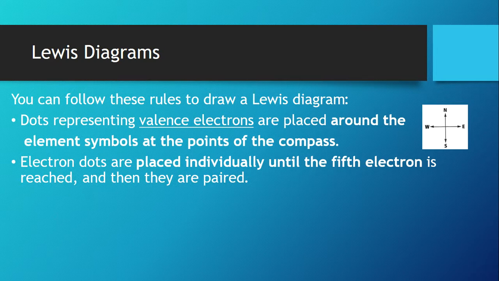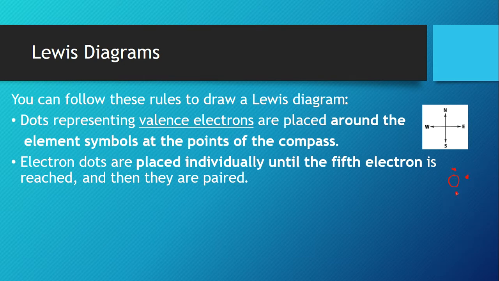If I had, say for example, let's go with, what's one that I could use? Oxygen. So oxygen, I'll draw the chemical symbol, will be O. And I start placing my electron dots. So there's one, there's another one.